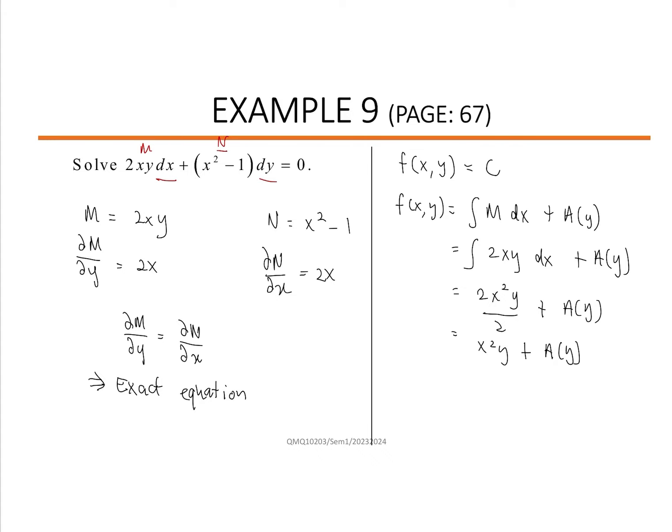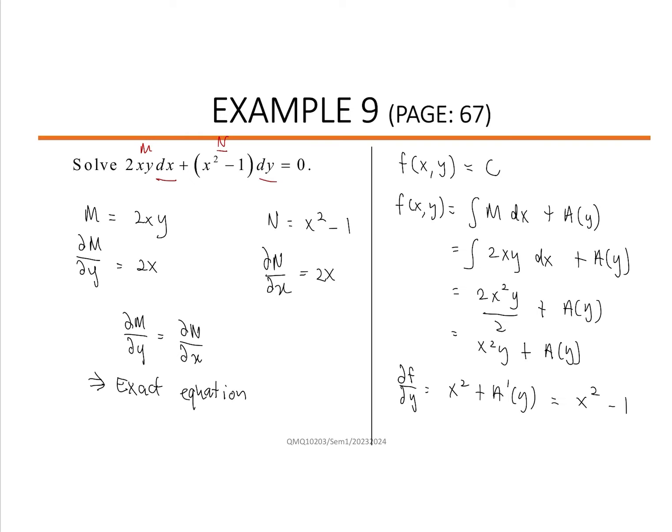Then we need to differentiate this function with respect to y. First we integrate with x, then differentiate with respect to y. So df over dy equals x squared plus A prime(y), and we equate this with N. Our N is x squared minus 1.